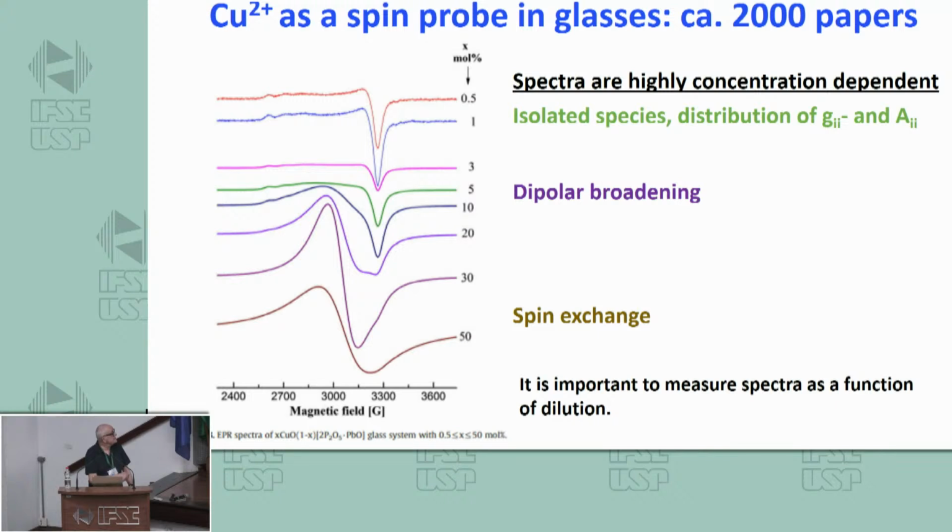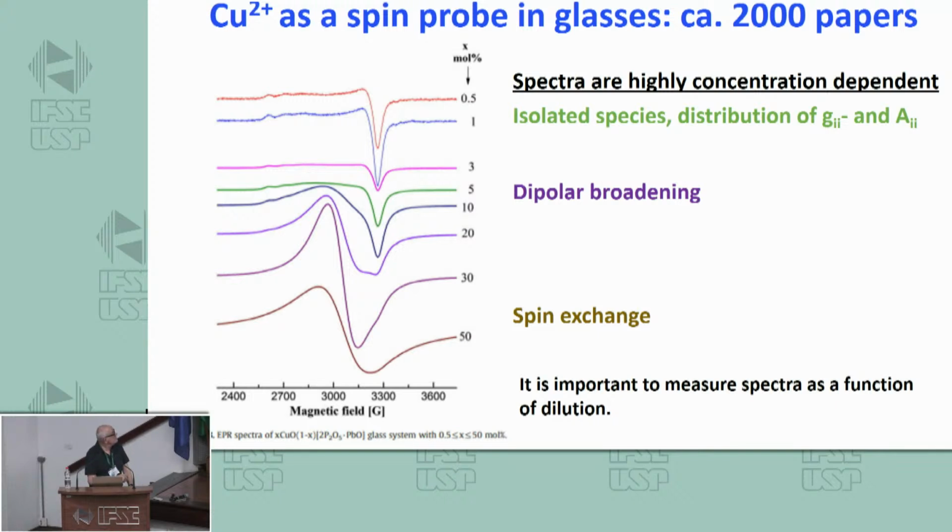The spectra changed a lot too. Basically, these spectra here are completely useless because they're dominated by dipolar broadening, or even at very high concentrations, by spin exchange. So this kind of spectra doesn't give you any information, because either a fraction or all of the copper ions are dominantly affected by dipolar interactions.